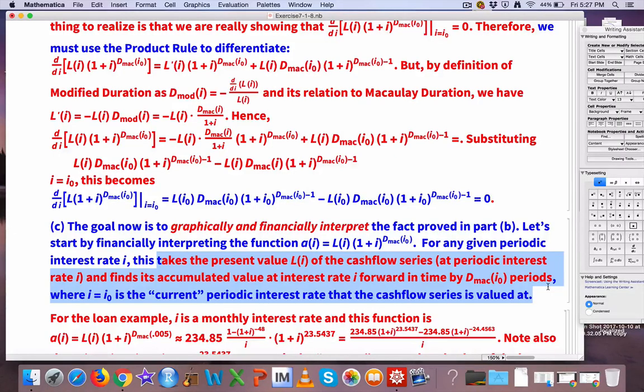Based on that, you may, as an investor, having loaned money to this person, and they're going to pay you back at the end of every month for 48 months, want to resell the loan to a different investor.